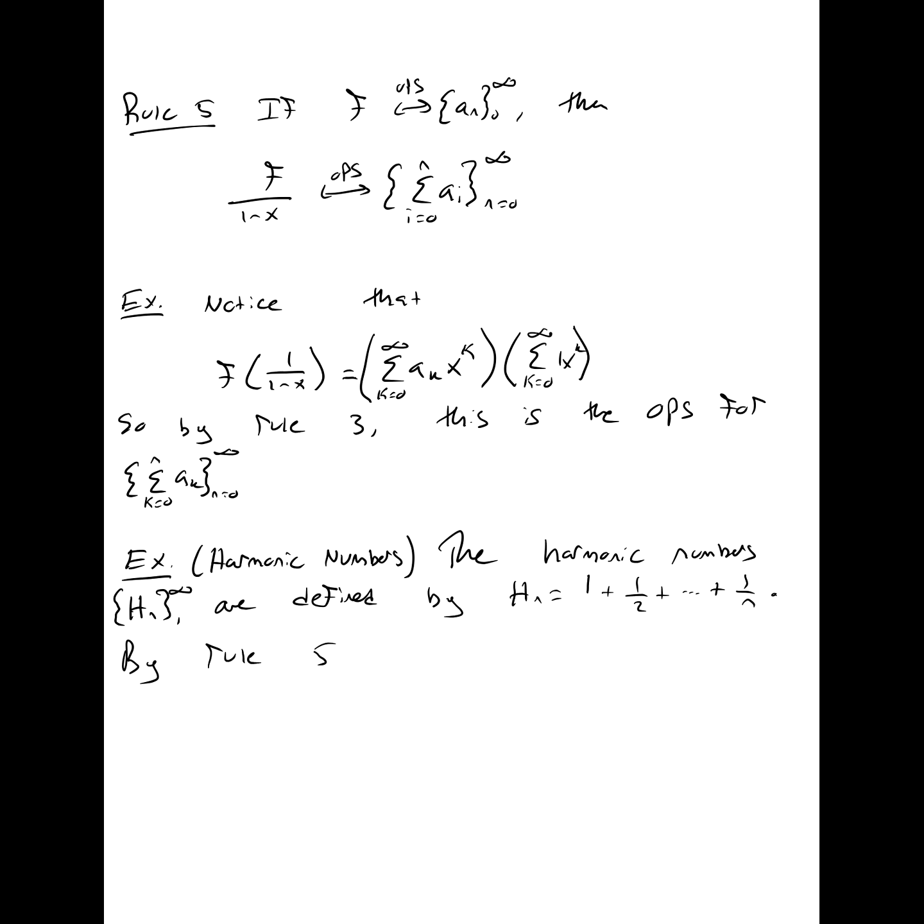So by Rule 5, the generating function for this sequence h sub n is given by f over 1 minus x if f is the ordinary power series for 1 over n, from 1 to infinity. So now this problem is reduced to just finding the ordinary power series for 1 over n.